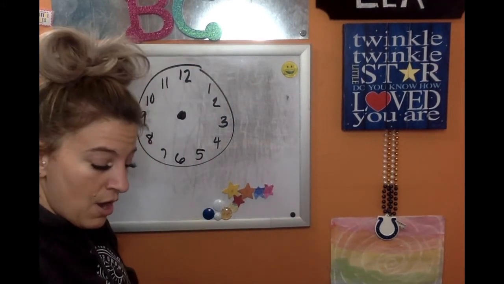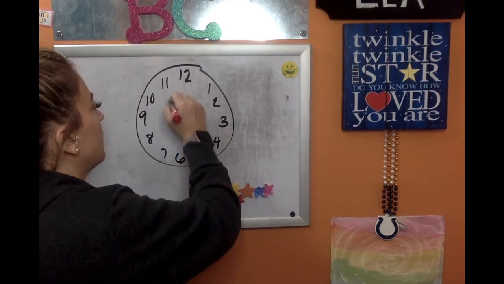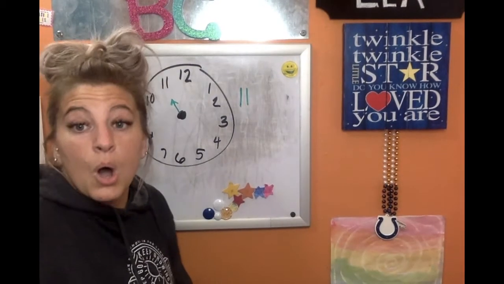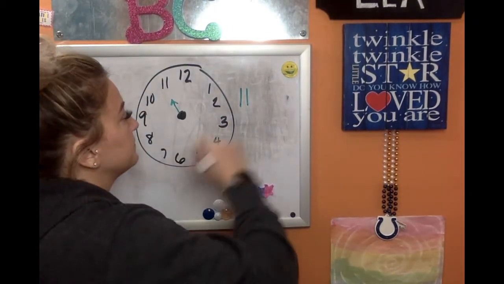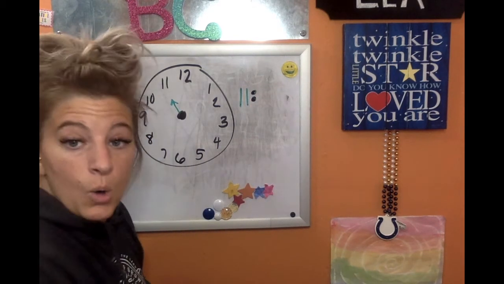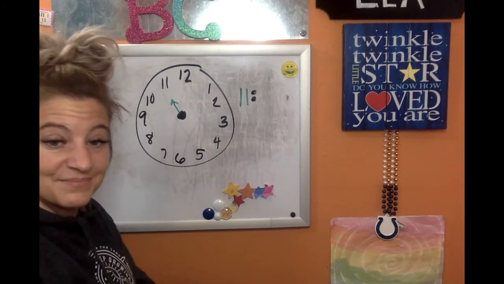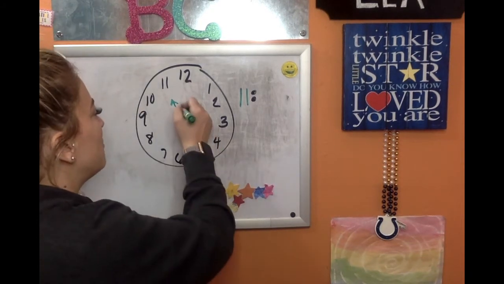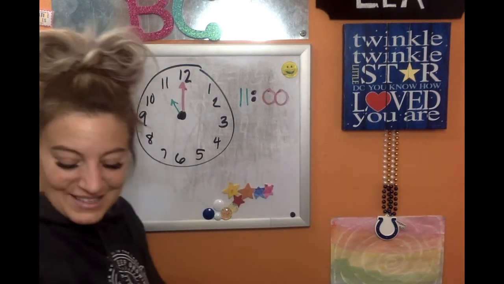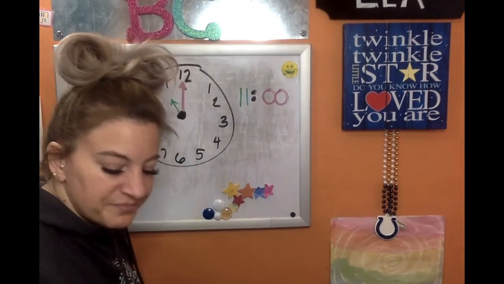We have the hour hand already there. So we need to find 11 o'clock. What does the minute hand have to be on to make it say o'clock? Do you remember? The 12. Good job. Yes. So draw a minute hand all the way up to 12.